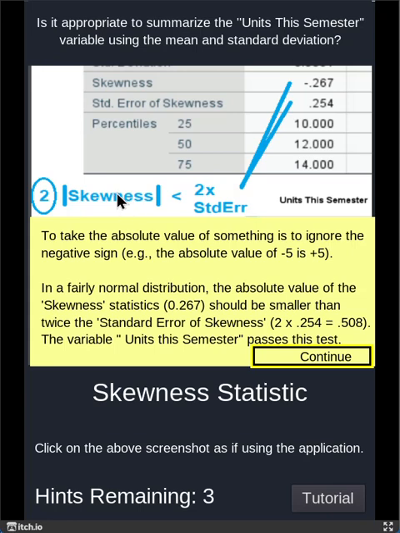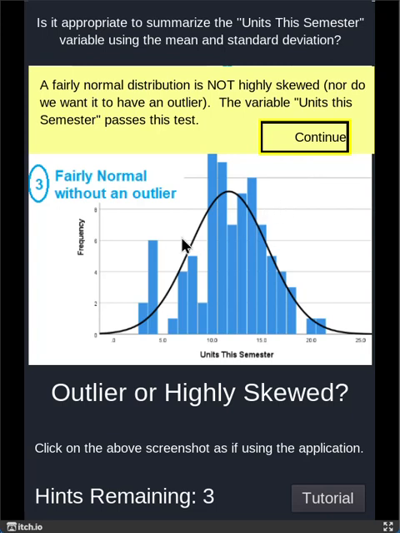We compared the absolute value of the skewness with 2 times its standard error. So we looked at 0.267, ignored the sign, and compared it to double 0.254, so that's comparing 0.267 to 0.508. Skewness was smaller. It passes the test. We continue, and now we look at the histogram.